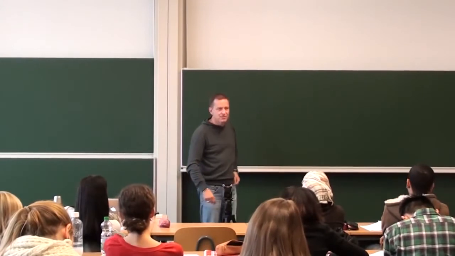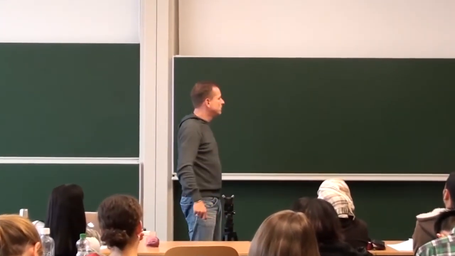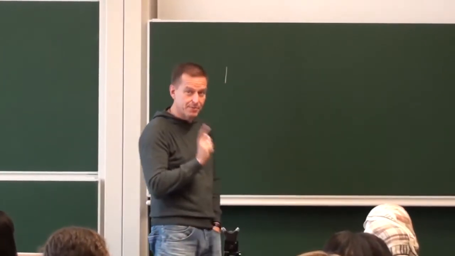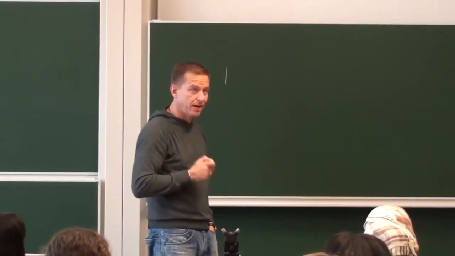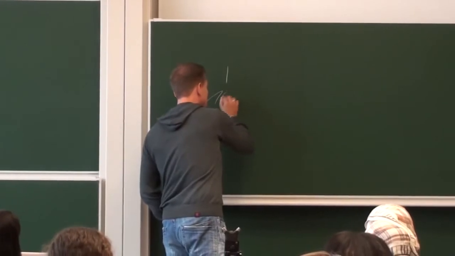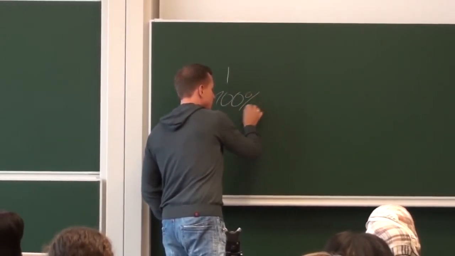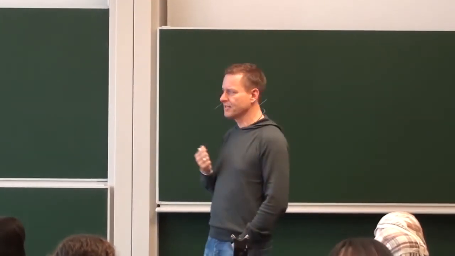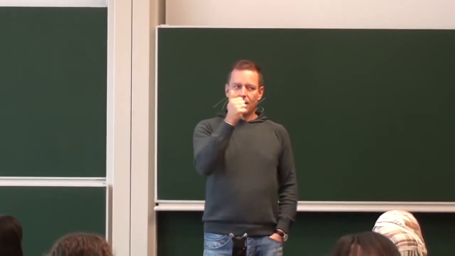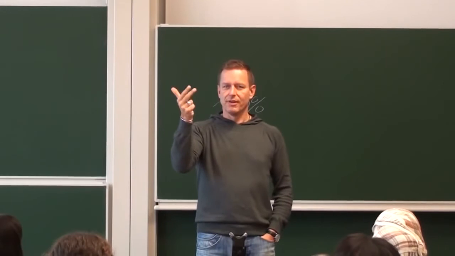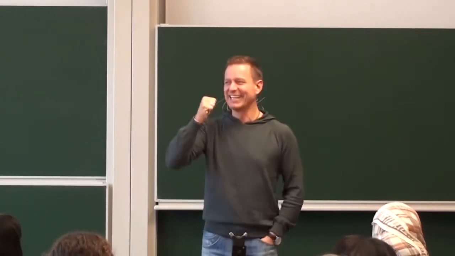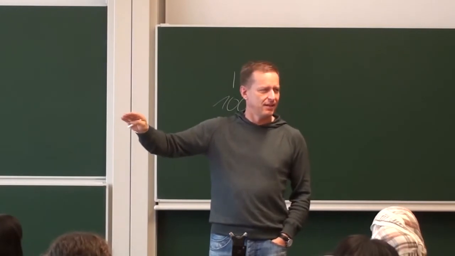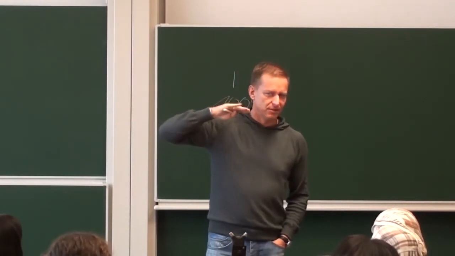There are items which are really simple, where 100% of people are able to answer the question or fulfill the task correctly. For instance, 1, 2, 3. Everybody is able to do this task correctly.